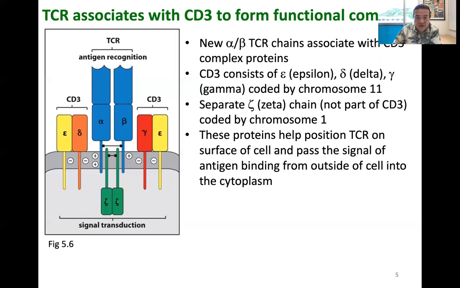So if you just have this wimpy little bit of the protein, that navy blue thing sticking into the cytoplasm, that's not a lot of surface to have a lot of interactions. Therefore, a functional T cell receptor is associated with other proteins, these yellow, orange, and red proteins known as the CD3 complexes. Each of these has an epsilon, a delta. On this side, you see a gamma and an epsilon.